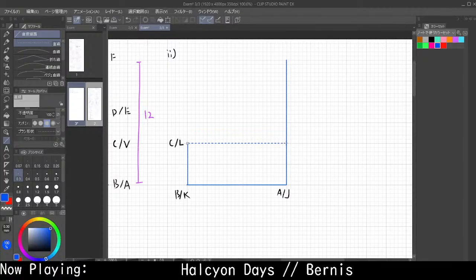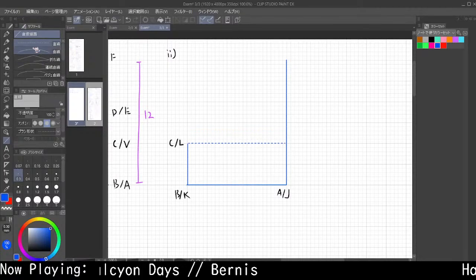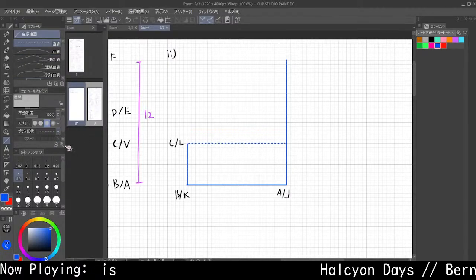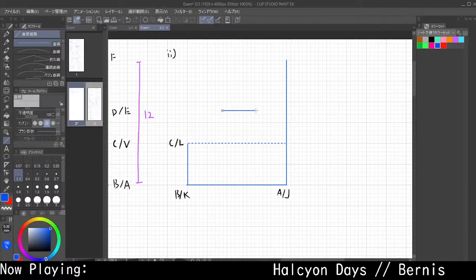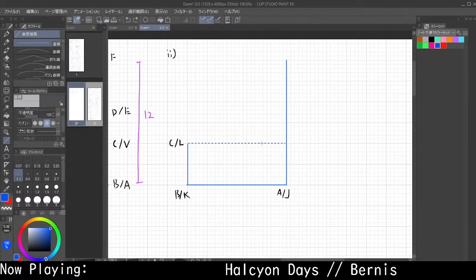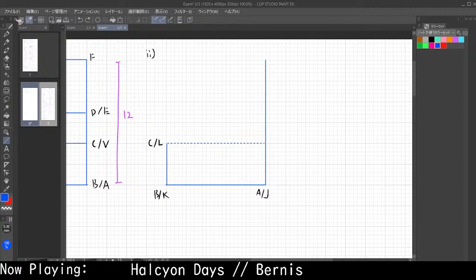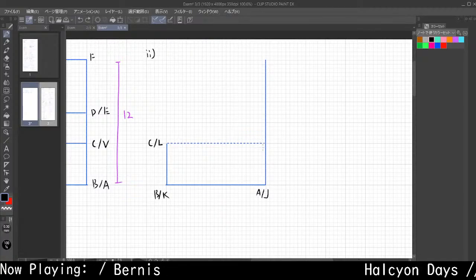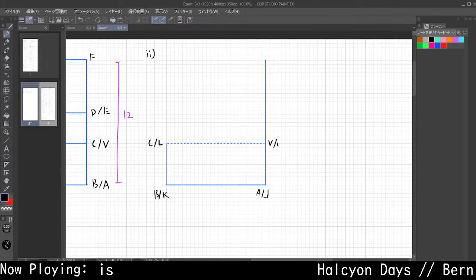I'm using a computer so I can do this directly. Then let me just change it back to solid. Okay, there we go. So this will be a dotted line. And this particular point over here would be V slash W.